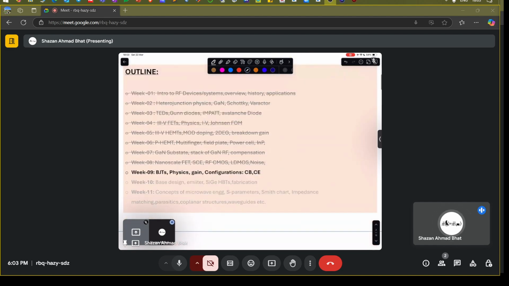So this is the brief outline of what we have covered till week 8, and we are moving into week 9 today, where we will be discussing briefly about the BJTs, how they are used at high frequencies, what the gain and the transconductance are, the common emitter and common base configurations, something called Gummel plots, Kirk effects, and then we will briefly look into the HBTs, and then we will move on to solve some of the problems.